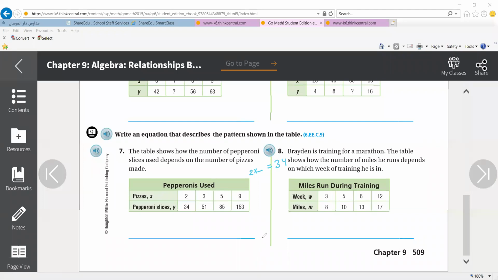Let us divide and check. 2 times 17. 3 times 17. 5 times 17. So what is the relation? This is x. I have to multiply x with 17 to give me y. So that is 17x equals y.